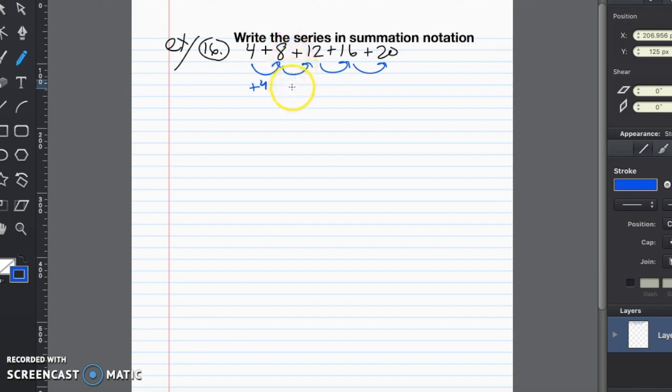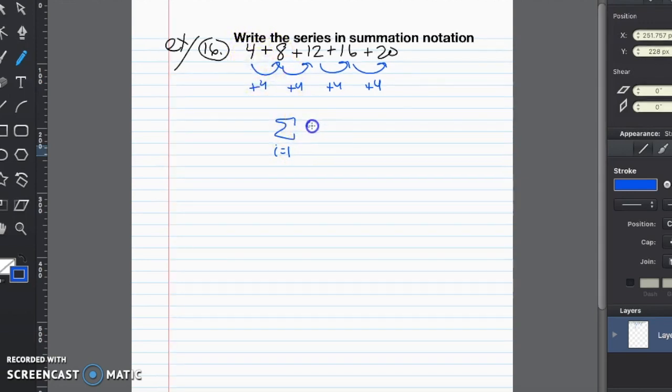My common difference again, 12 minus 8, that's 4 again. 16 minus 12 is add 4, right? So my common difference is 4 in this case. But then I want to kind of change my thinking. When I'm thinking of summation notation, right, I have to think, well, if I'm in the first position, what do I have to do to 1 to get 4?